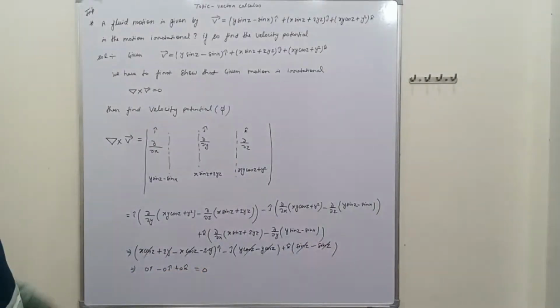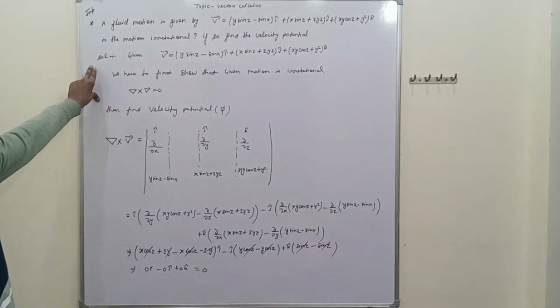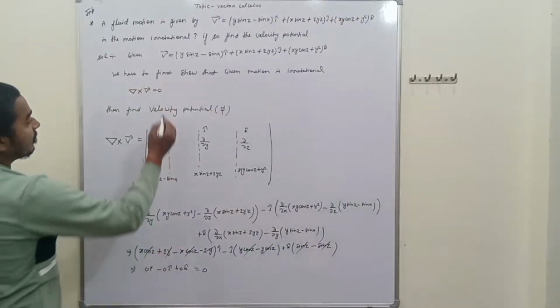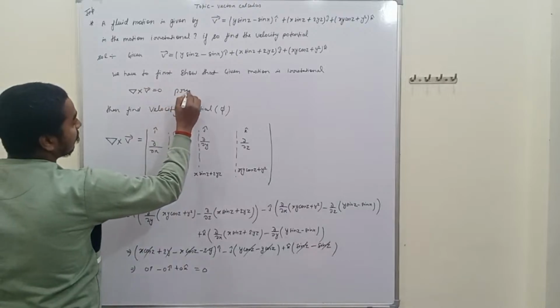Here the curl of the given fluid motion is 0, so we say that the given fluid motion is irrotational. This is proved.